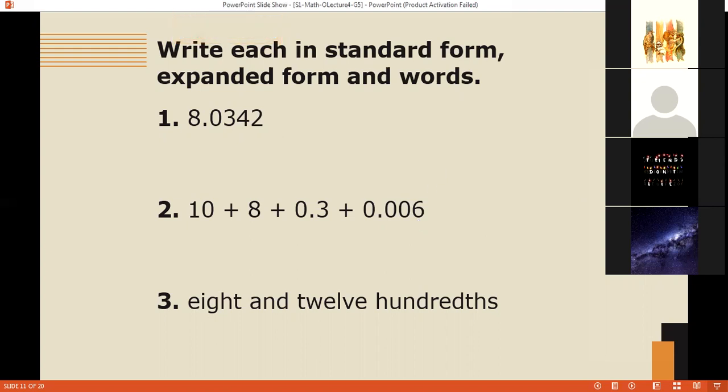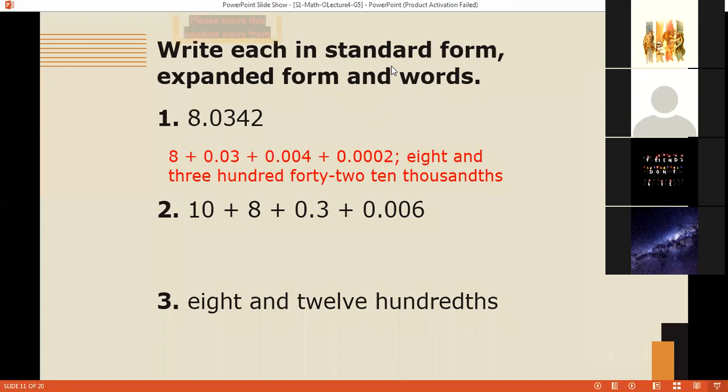Excellent. It's 8 plus 0.03 plus 0.004 plus 0.0002. Thank you, Rasha.